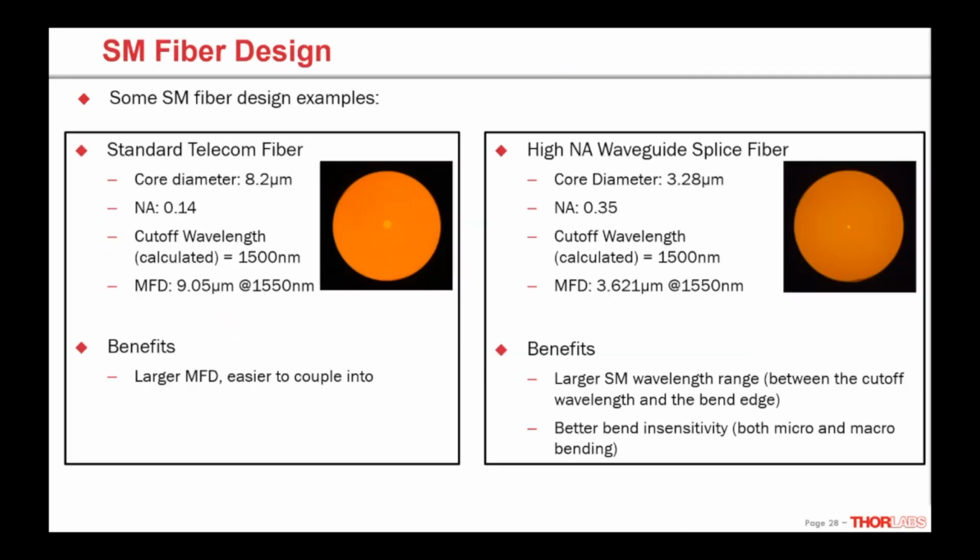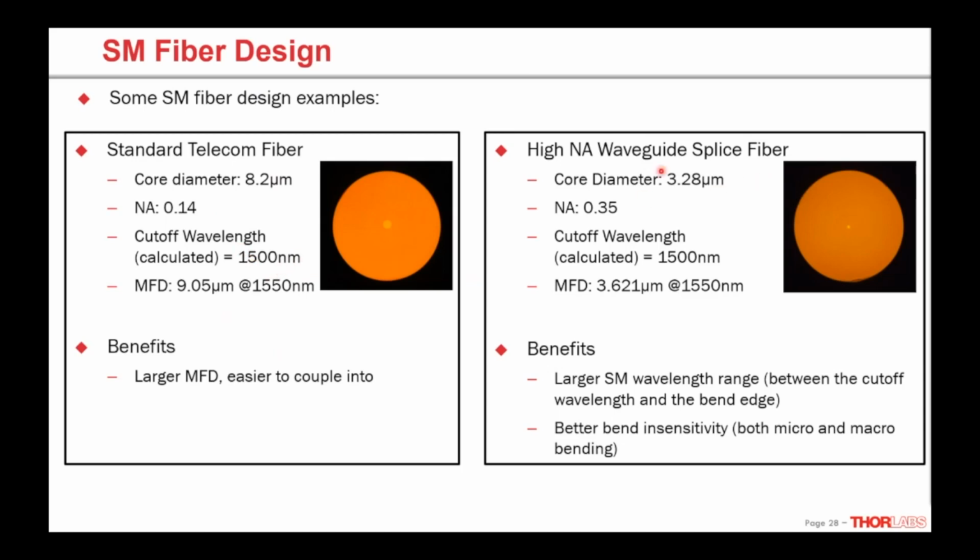So bouncing back to our example fibers, the larger core fiber, standard telecom fiber, this is basically the SMF28 design, 8.2 micron core, 0.14 NA, and the cutoff wavelength, if you calculate it, ends up being about 1500 nanometers.